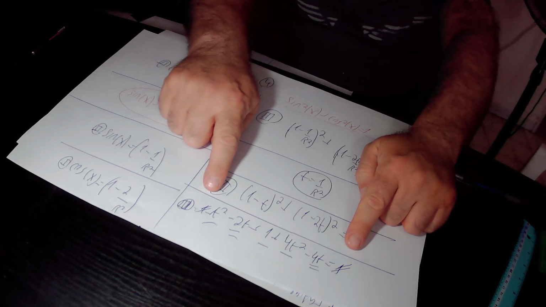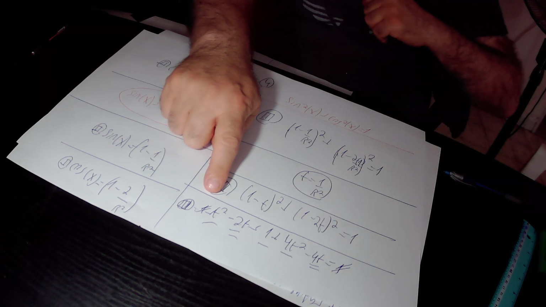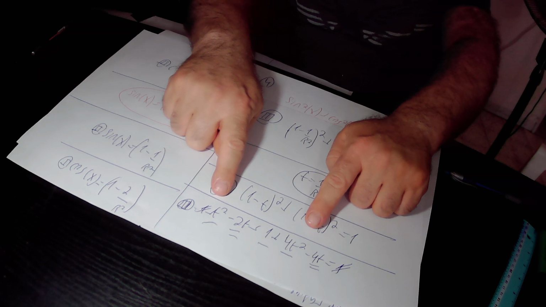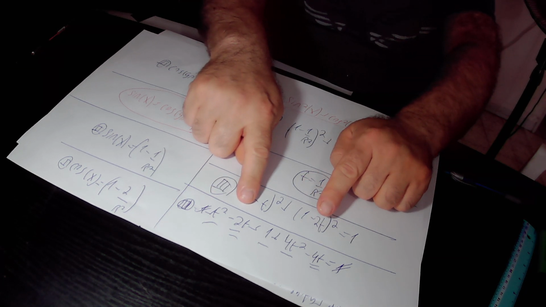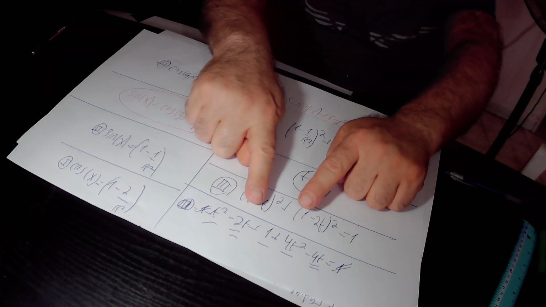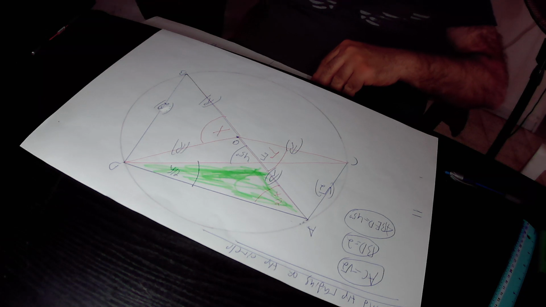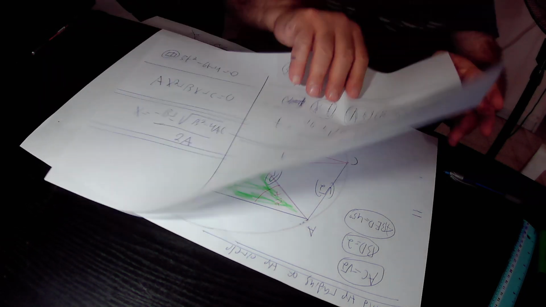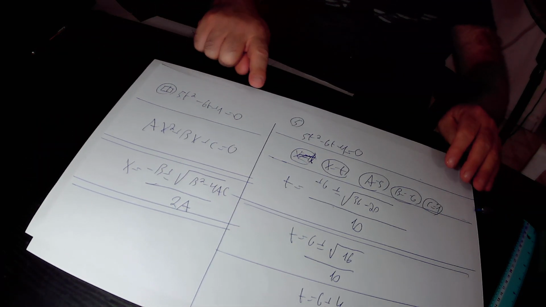Here we have 1 on both sides of the equation, so we can cancel 1. After we cancel 1, on this side of the equation we are left only with t squared plus 4t squared is 5t squared, and we have also minus 2t minus 4t is minus 6t, plus 1 equals 0. So we actually found out that 5t squared minus 6t plus 1 equals 0.